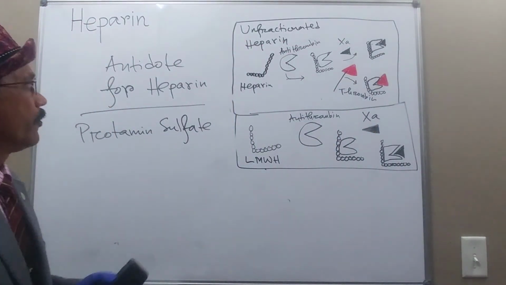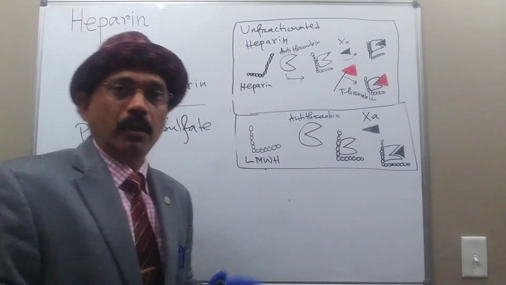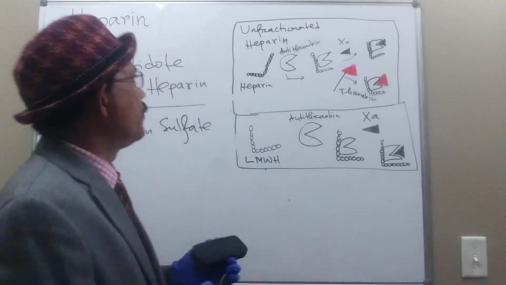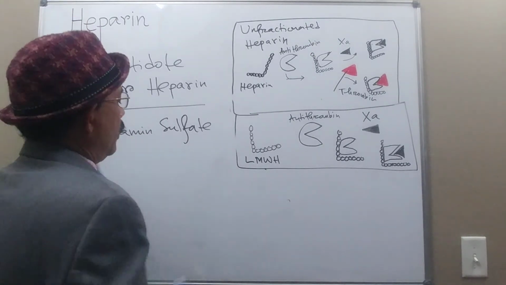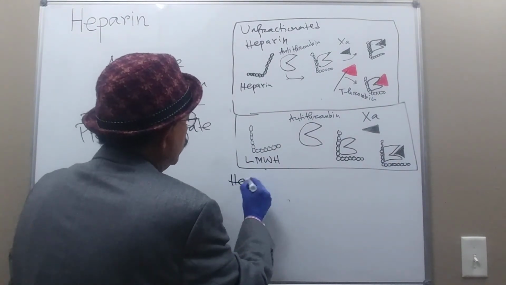Another point: in case of heparin, we give a bolus dose, then we maintain it sustainedly. So we must titrate the dose for heparin. It is very essential to titrate it.